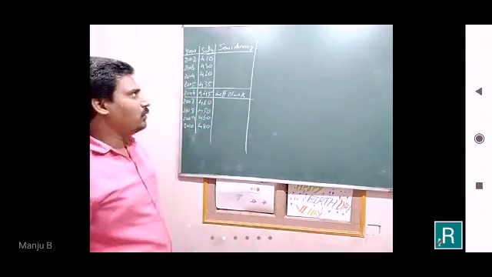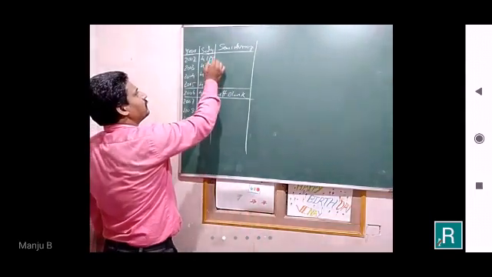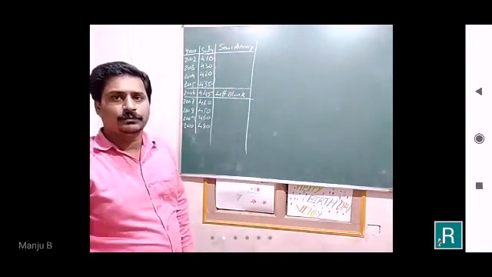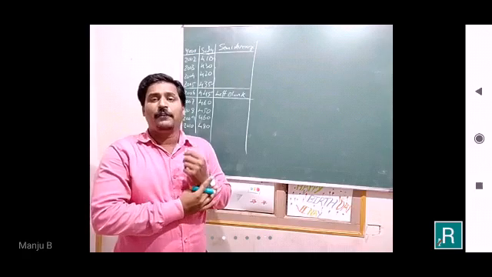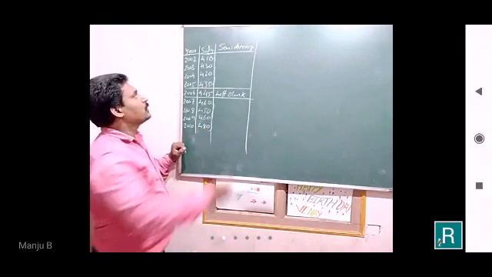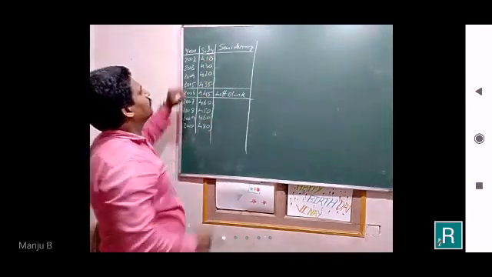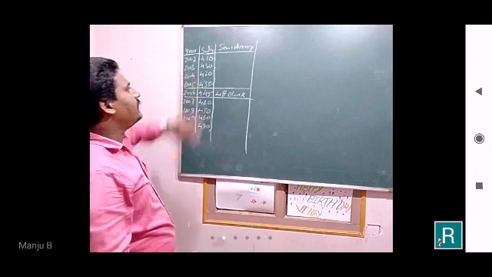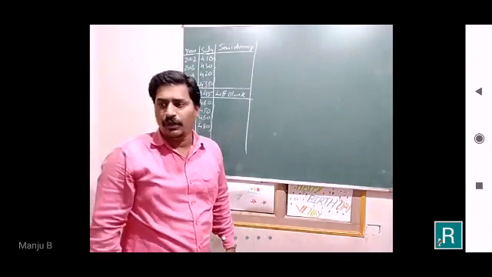Now calculate the semi-average for these years. Calculate the average for the first 4 years and then for the next 4 years. So here 410, 430, 420, 435. Four years are there.